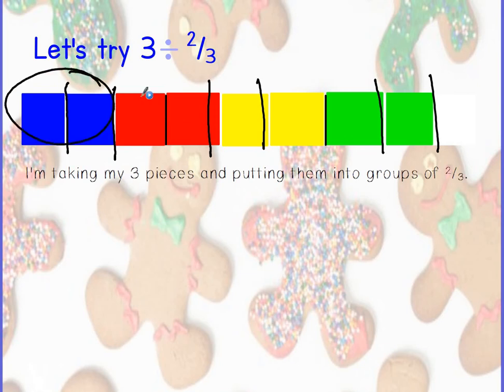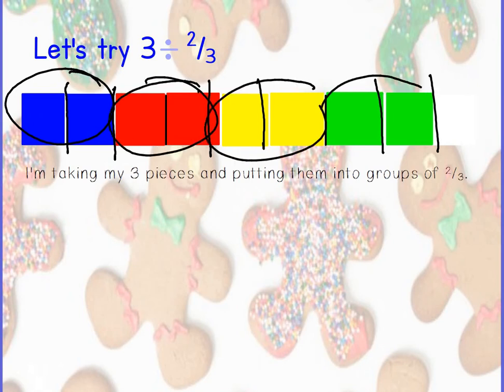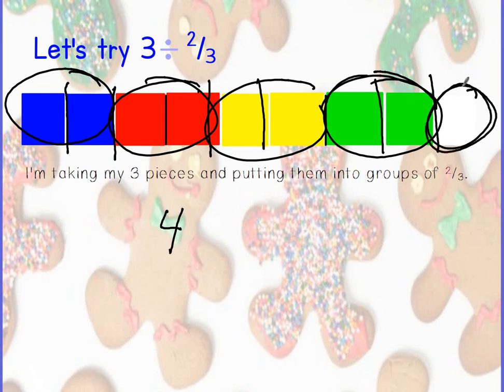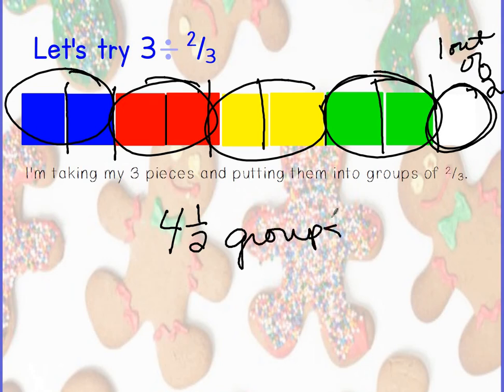So here I have one group of 2 thirds, 2 groups of 2 thirds, 3, 4, okay, and the mistake that people make is that they say, okay, 4 and 1/3, but this isn't 1/3. This is 1 out of the 2 that I need to make a whole group. So I make 4.5 groups because I only have one of these out of the 2 that I need, so it's 4 1/2.